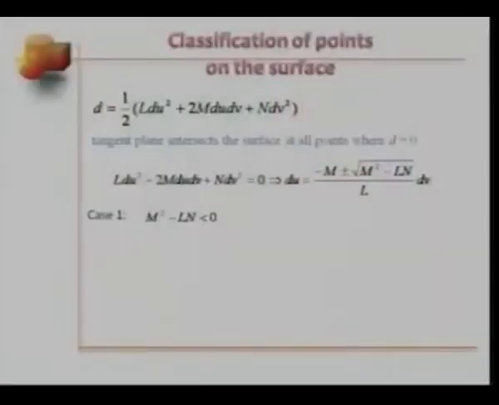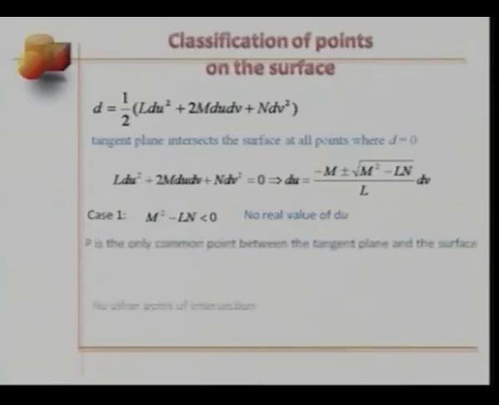We considered 4 cases. The first case corresponded to this discriminant m squared minus ln smaller than 0. In that case, we had no solution. So point P was the only point common between the tangent plane passing through it and the surface patch. We call that point the elliptic or elliptical point.